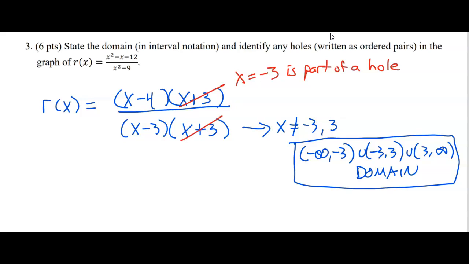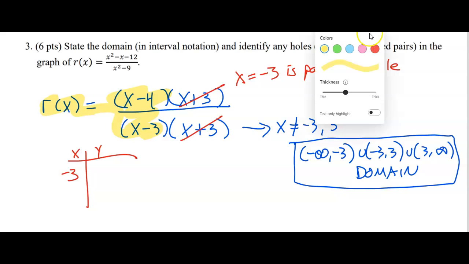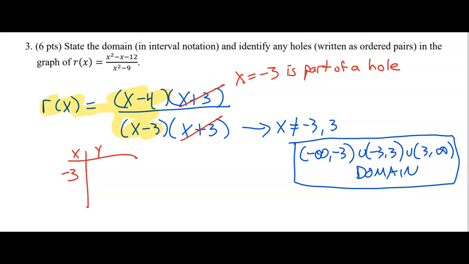Okay, so instead of negative 3 being an x-intercept because it's in the numerator, the x plus 3, or a vertical asymptote because it's in the denominator, these reduce, giving it that this is part of a hole. So we need to figure out, if I let x equal negative 3, the rest of this function, the simplified form of r of x, that's what we plug negative 3 into.